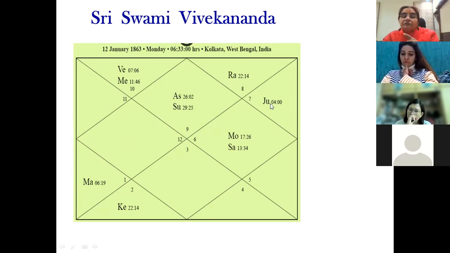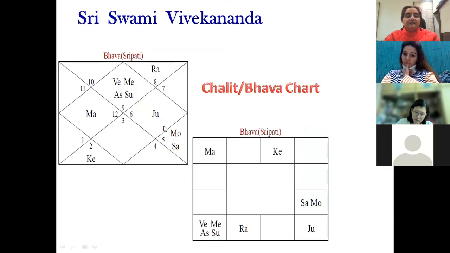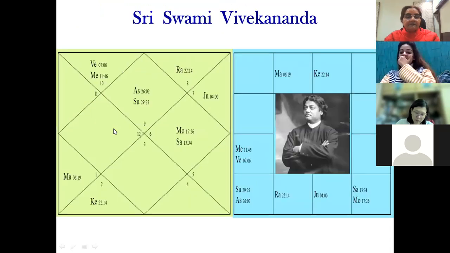Similarly, Jupiter is just 4 degree, so it will go to the 10th house. So now I think this Chalit chart is clear to us. And Rahu will remain in the 12th house, because Rahu is 22 degree. Even if you subtract, it will still stay in the same house.